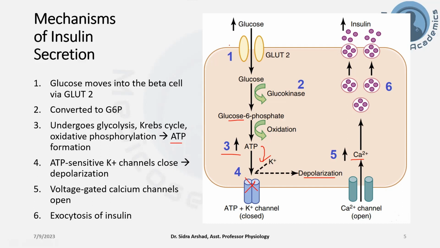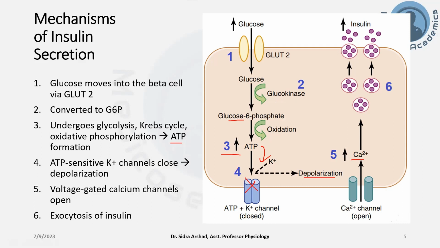It begins with the movement of glucose into the beta cells via GLUT2 or glucose transporter 2. The glucose is trapped inside of the cell by the action of an enzyme which is known as glucokinase. Glucose is converted into glucose 6-phosphate, which then undergoes glycolysis, Krebs cycle, and oxidative phosphorylation to produce a large amount of ATP. This ATP acts on the ATP-sensitive potassium channels.